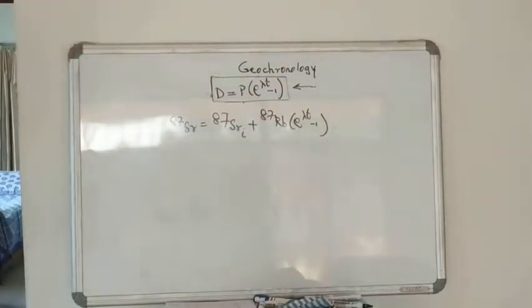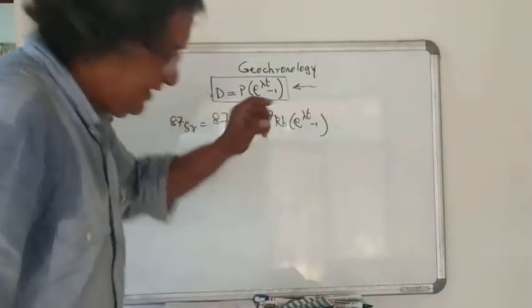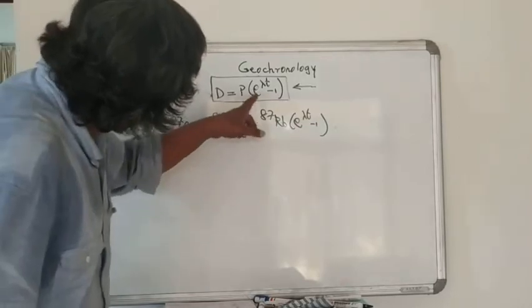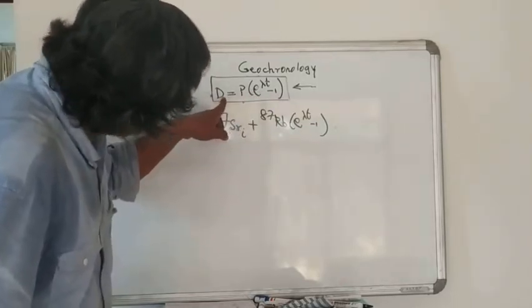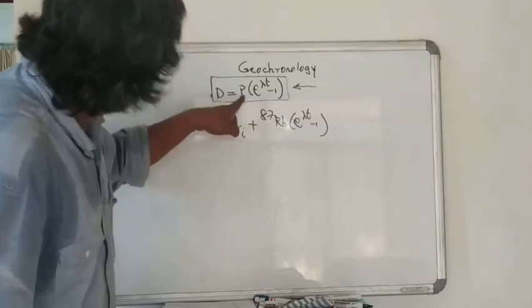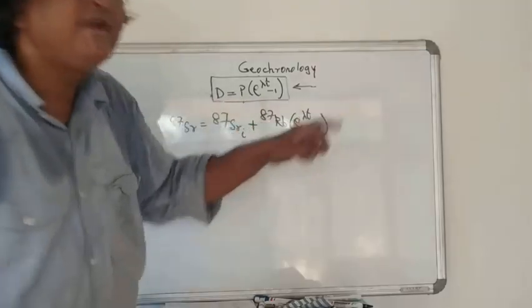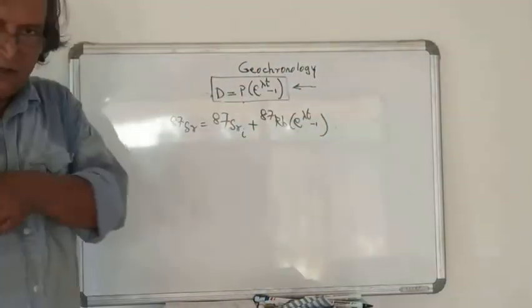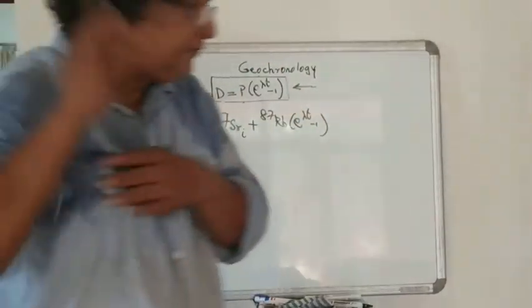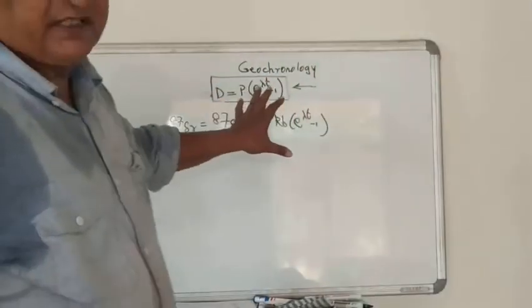Yes or no? Because this 87 strontium that will be produced will be essentially 87 rubidium, which is the parent, into e^(lambda t) minus 1. Have you understood? So this is what it is at the moment.